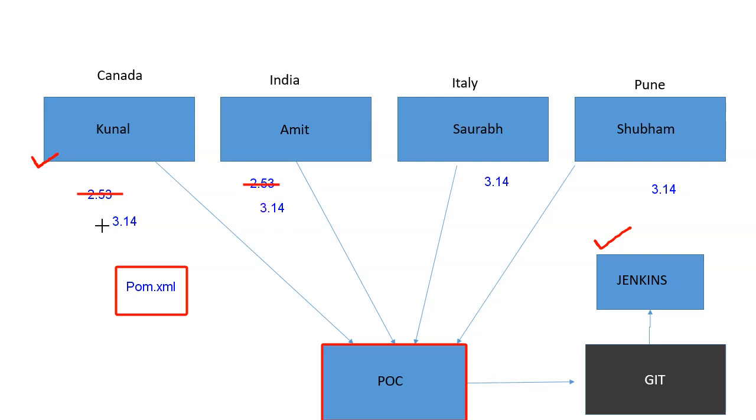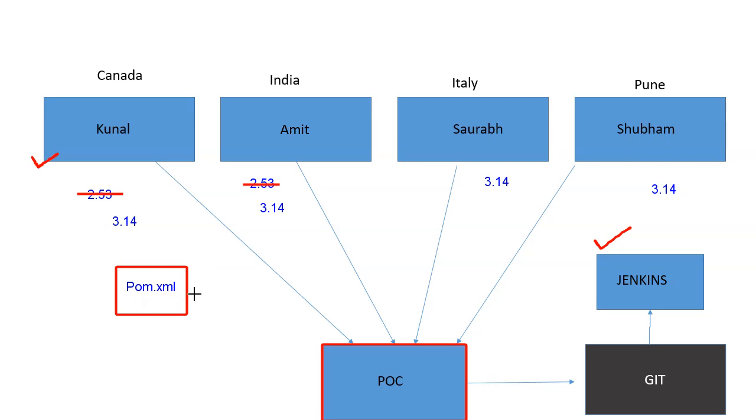So all the methods which are defined by Kunal can be executed by Saurabh also, and all the methods are available to Saurabh also and Shubham also. Even when it is checked in to git, and then there will be a merge with the master branch, and all the code of each and every machine will be synced once they have the latest code on their machine. Okay, so this is the work of the pom.xml.